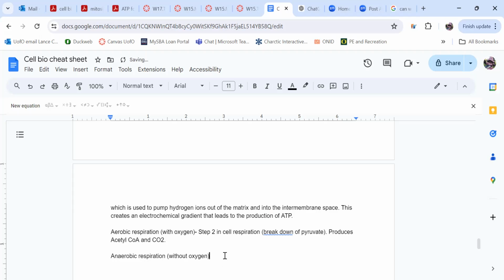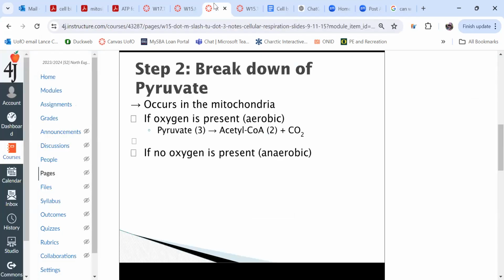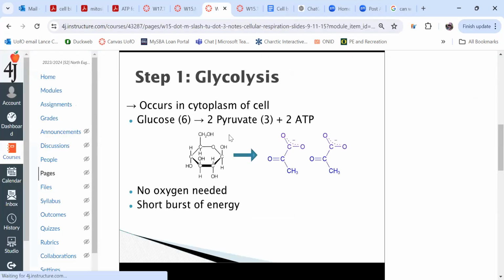Would be anaerobic respiration. This is glycolysis. Produces pyruvate and ATP.